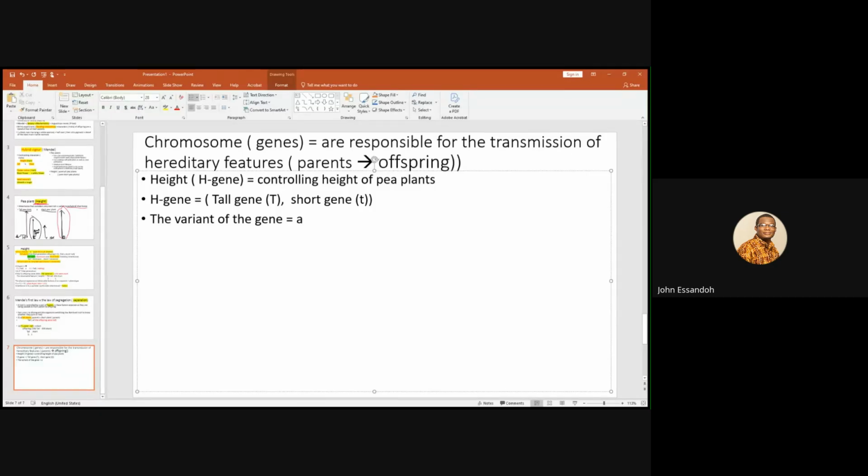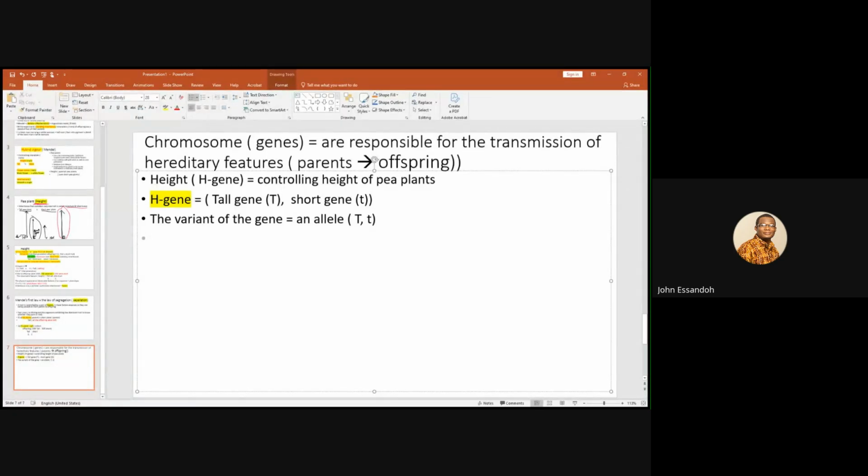It's called an allele. The gene is one here, but there is a variation of it. So the variants of the gene, the tall gene and the short gene, they are the alleles of the height gene.